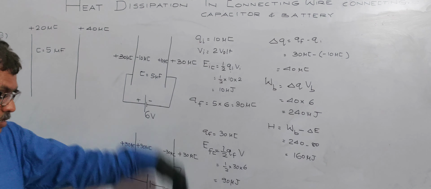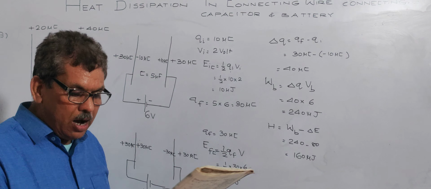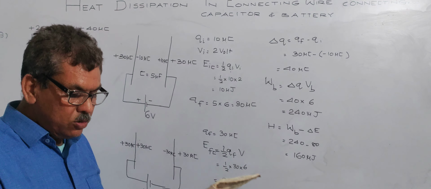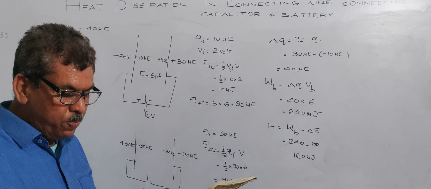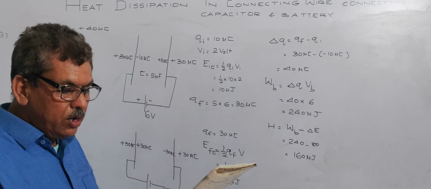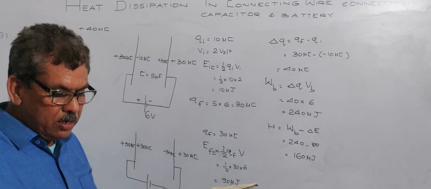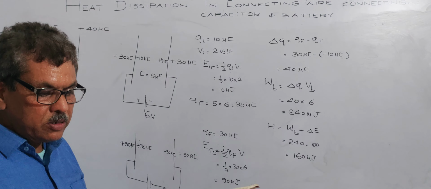Is it clear? This example, very simple, how to find out. Let us take one more example, when the two plates have 100 microcoulomb and 300 microcoulomb charges. Let us see how to find out in that situation.